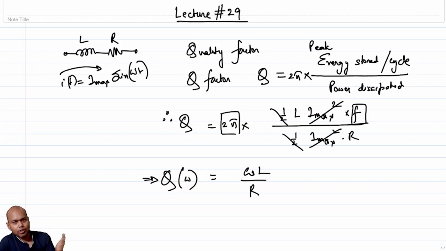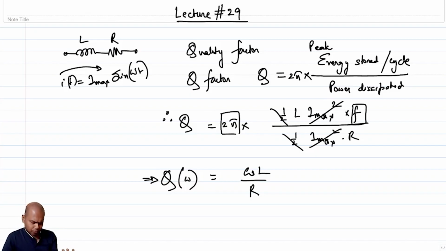If you use a real inductor, you will see that the Q never goes up and up and up. It will eventually go down, right? So wherever you have the peak is probably the best place to operate your inductor. And when you are designing your inductor for a particular frequency, you have to ensure that around that frequency you get the peak of the Q.